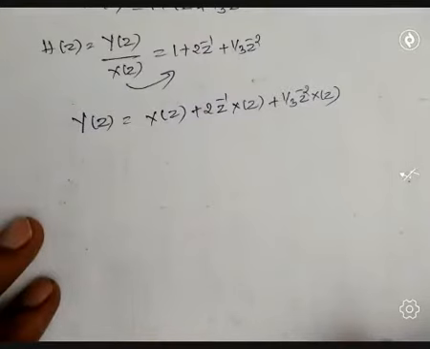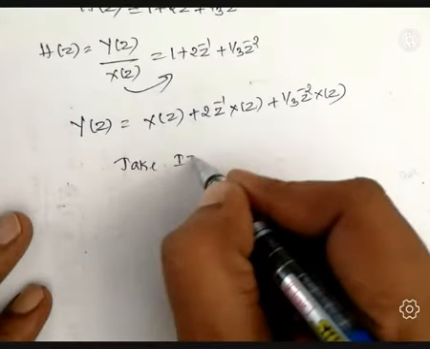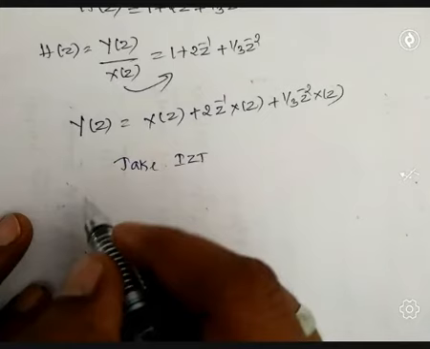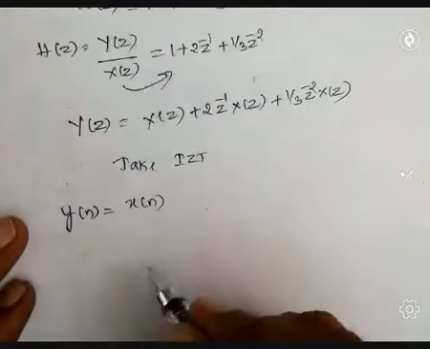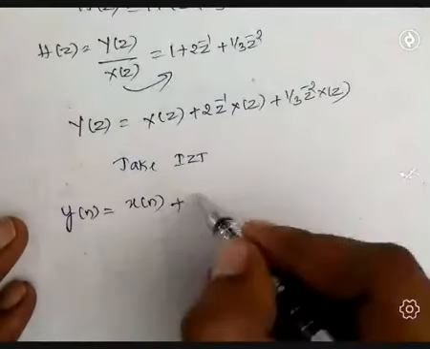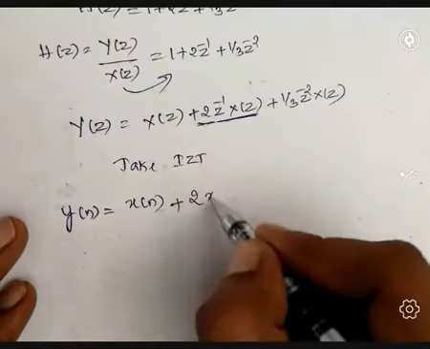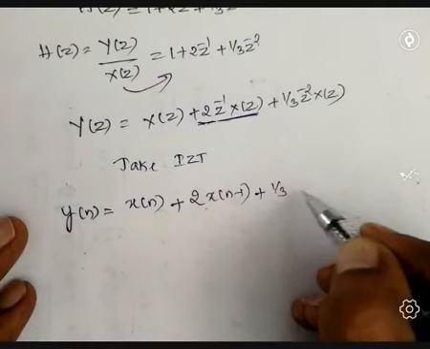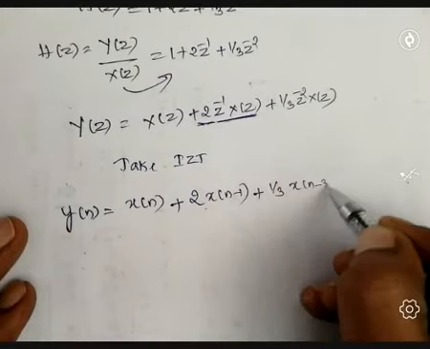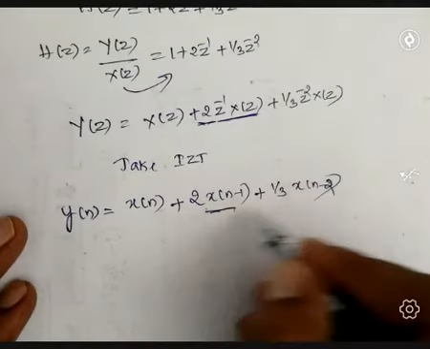So what we are getting: y of n equal to x of n plus coefficient term 2 as it is, x of n minus 1, plus 1 by 3 x of n minus 2. So one time delay is there, twice delay is there.